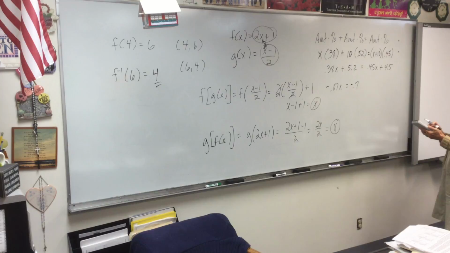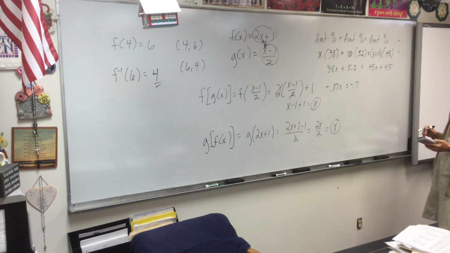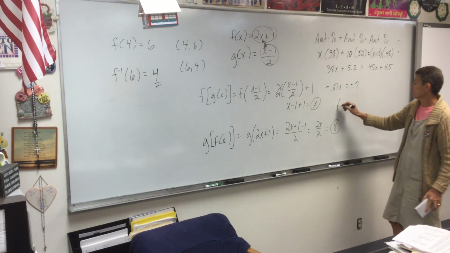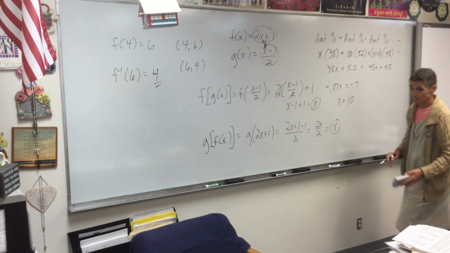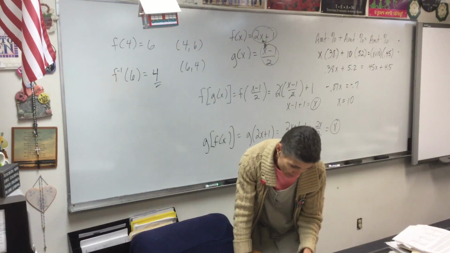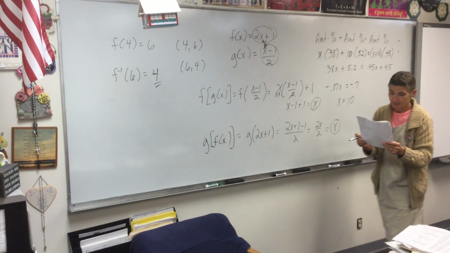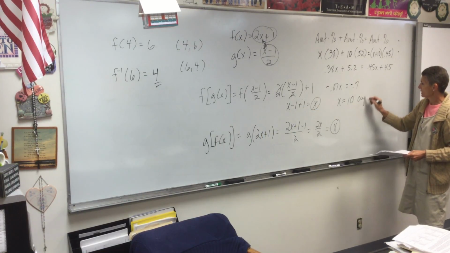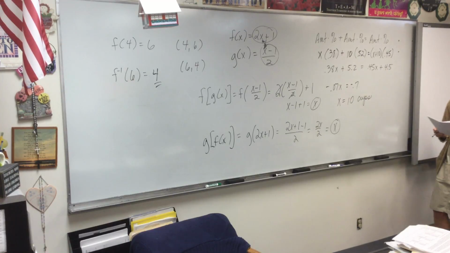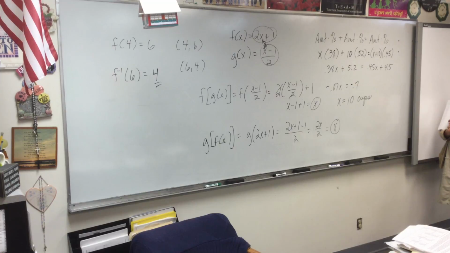Okay. So I end up with X equal to positive 10, and I can't remember, was that cups? So 10 cups of the 38% have to be added to give you what you want.